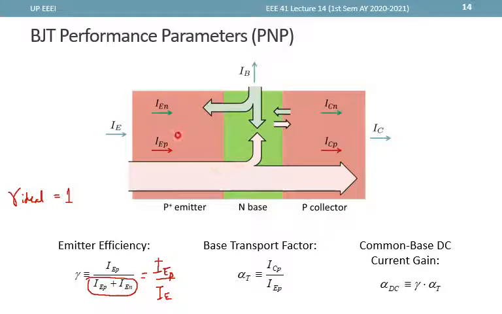However, we want that the recombination is very minimal, that almost all of this IEP gets into the collector and becomes ICP. So in our ideal case, ICP is equal to IEP approximately, and therefore alpha T ideal is 1 as well.